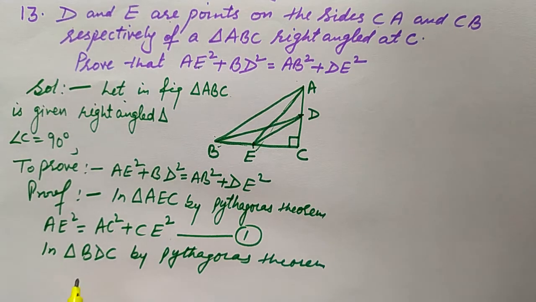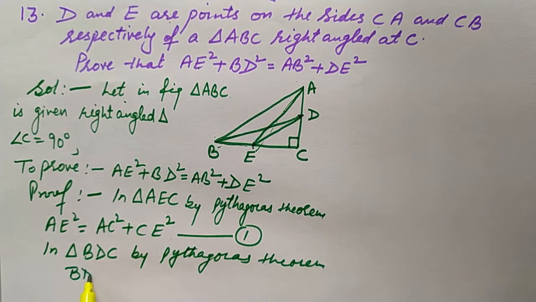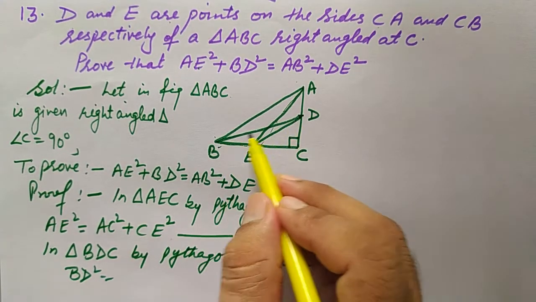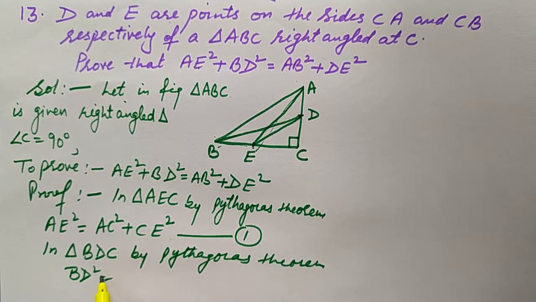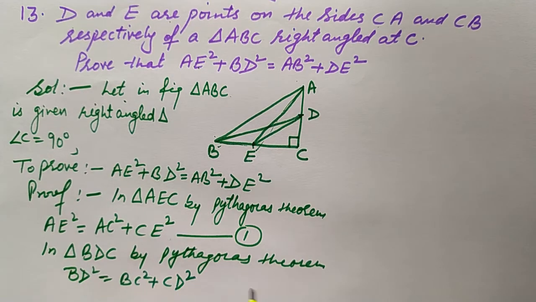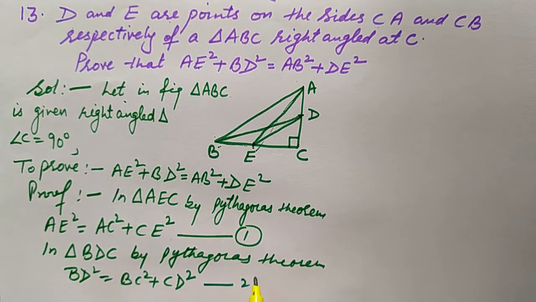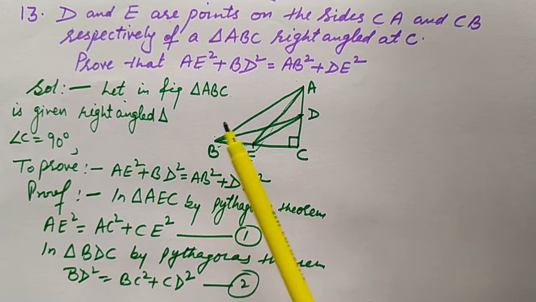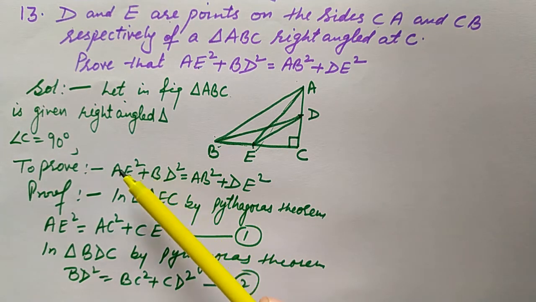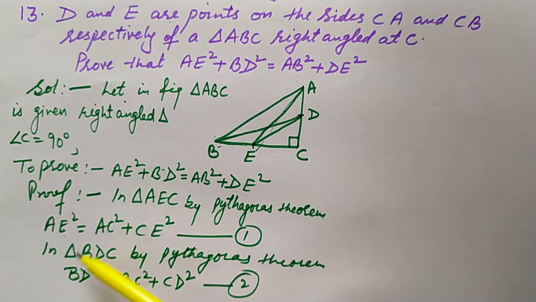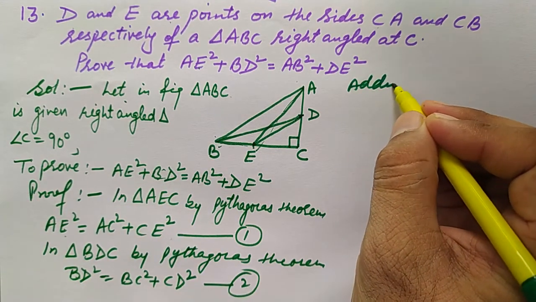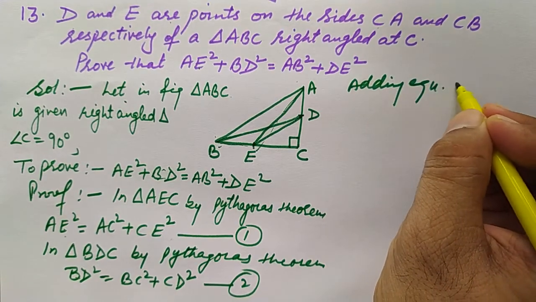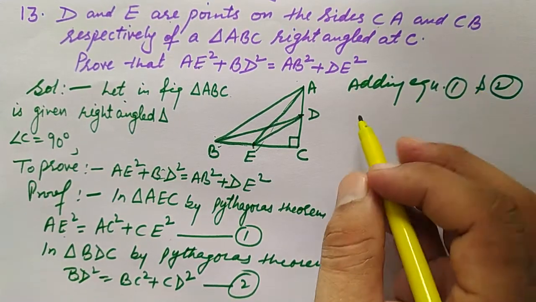So what is BD square? BD is also the hypotenuse. So BD square is equal to BC square plus CD square. This is equation number 2. As you can see, we are to add these two, so adding equation 1 and 2, let's see what will happen.